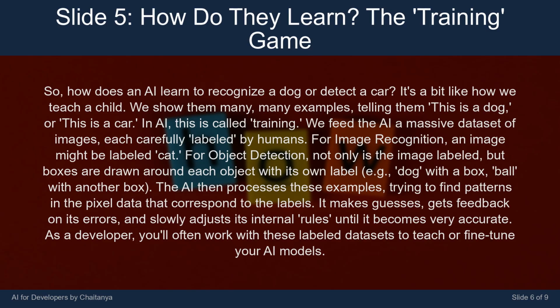For object detection, not only is the image labeled, but boxes are drawn around each object with its own label, e.g., dog with a box, ball with another box. The AI then processes these examples, trying to find patterns in the pixel data that correspond to the labels. It makes guesses, gets feedback on its errors, and slowly adjusts its internal rules until it becomes very accurate. As a developer, you'll often work with these labeled datasets to teach or fine-tune your AI models.